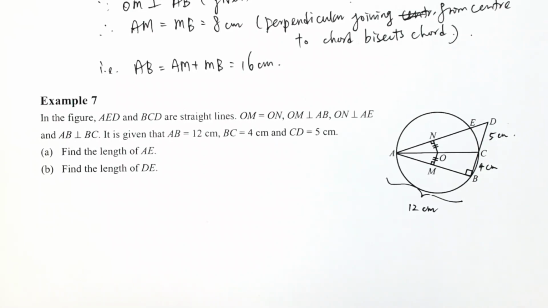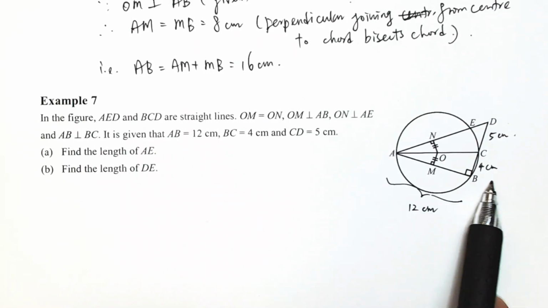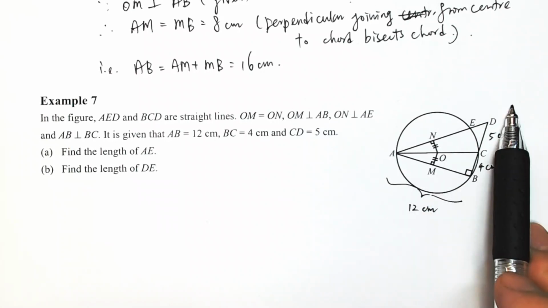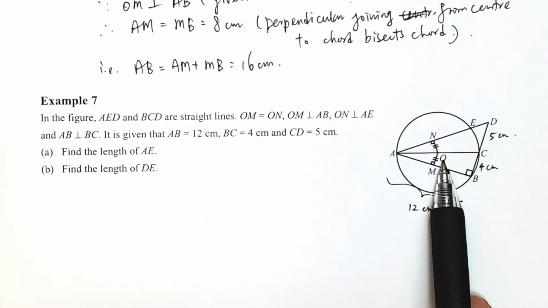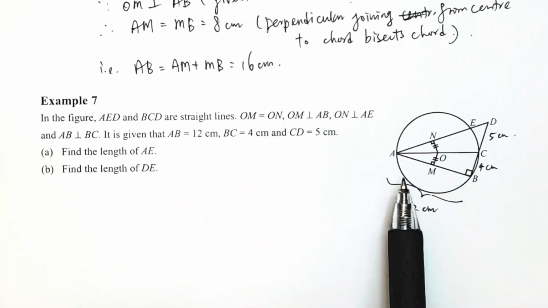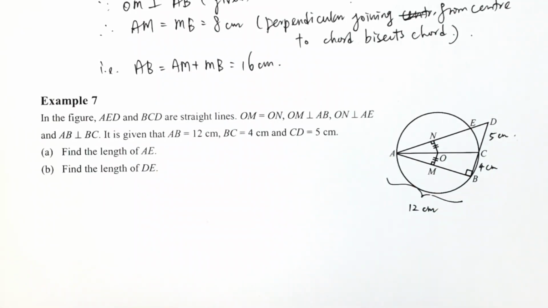Okay, we have several Pythagoras theorems that can be used. We can consider triangle ABC, and we can also find AD. Okay, but for part A, since OM is equal to ON, then we know that the length of AB is the same as that of AE.